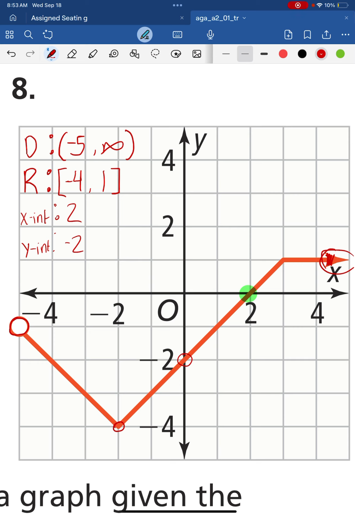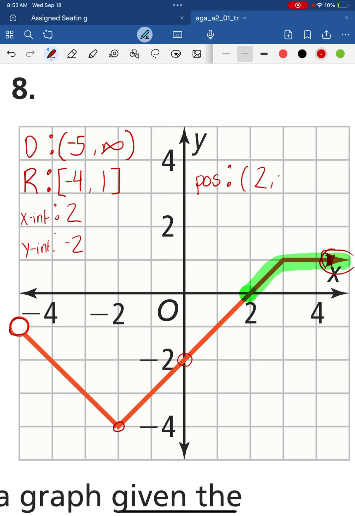Now, I need to go through and find my intervals where I am positive and negative. So, I am positive wherever I'm above the x-axis. So I'm positive from 2, and then it looks like I stay positive on into infinity.